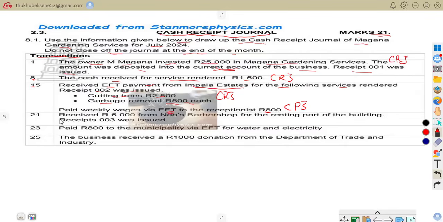But still on the same date, received 6,000 from Naus Barber Shop for the renting part of the building. Receipt 003 was issued.